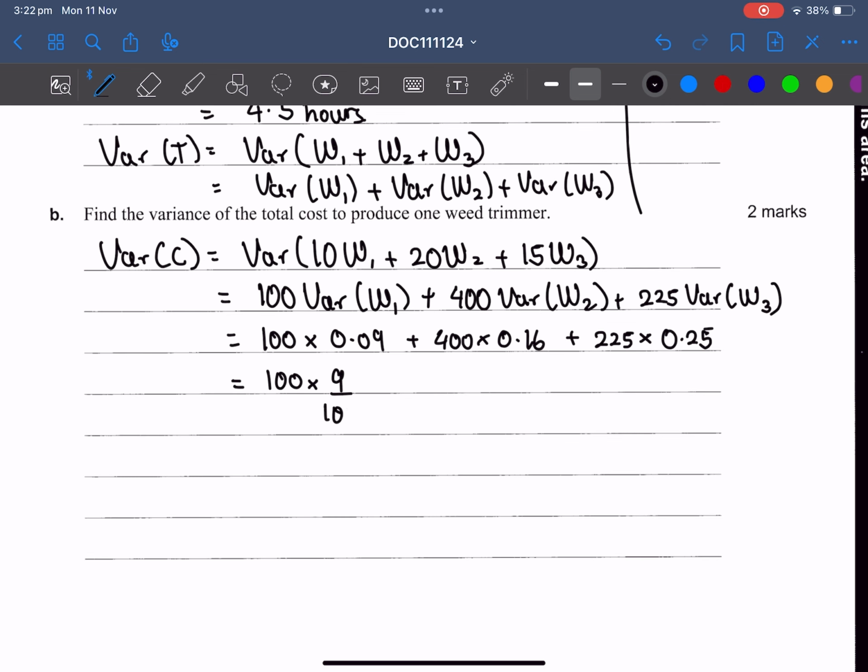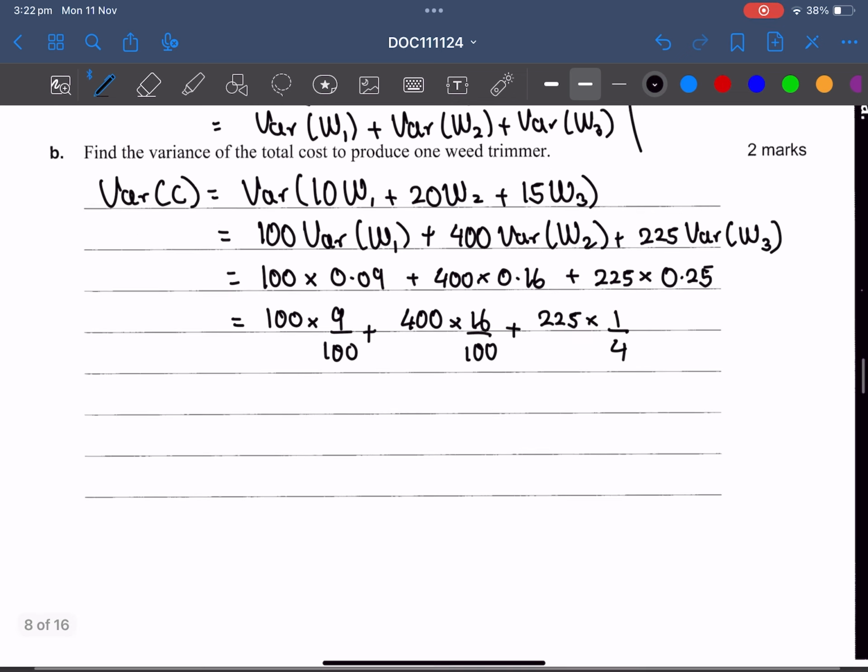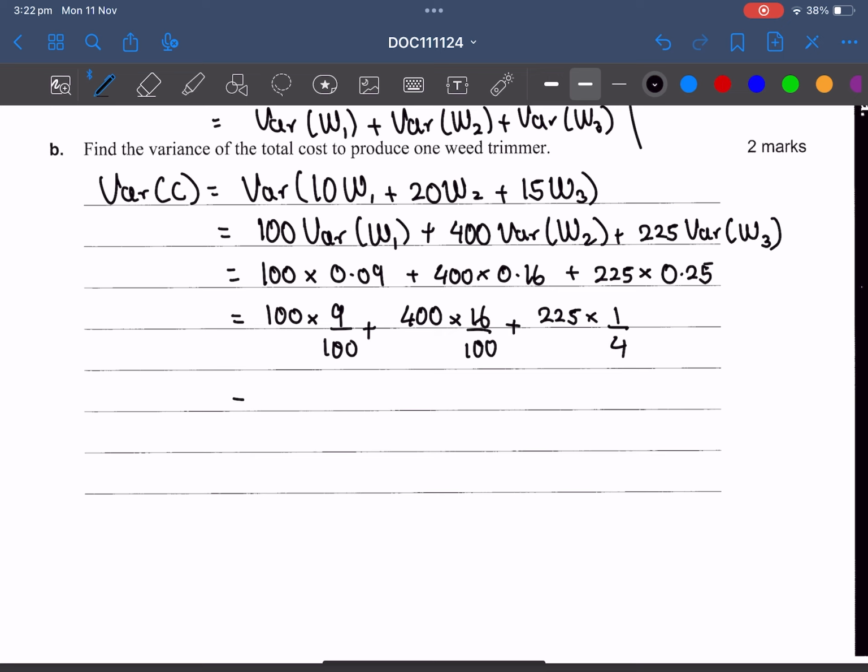So 9 over 100 plus 400 times 16 on 100 plus 225 times 1 on 4. Okay, so this will become 9 plus, this cancels out 4, so 64 plus, that doesn't simplify, so 225 on 4.